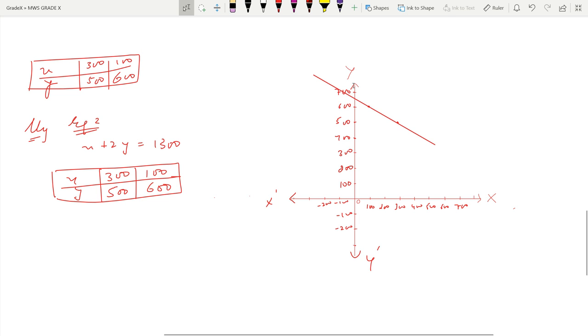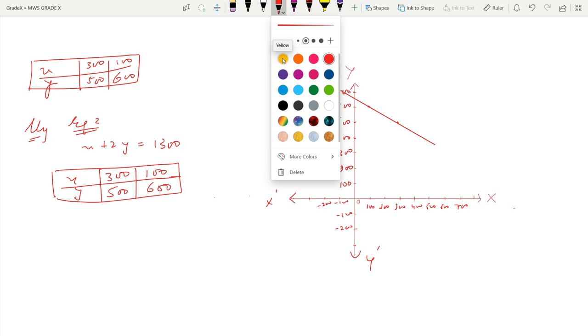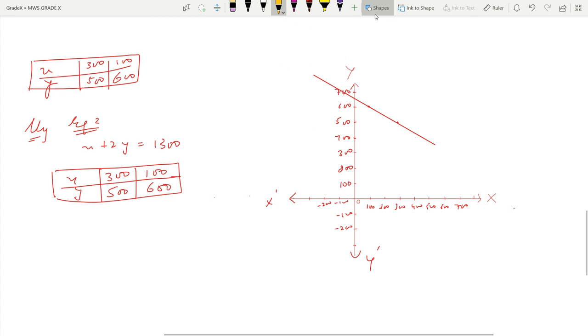In this way, the second line also lies on this line. So let us make one more. I'm just making the two color lines together. I'm representing that both the equations lie here only, so let me highlight the point.